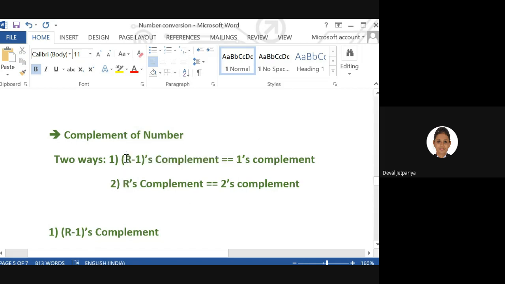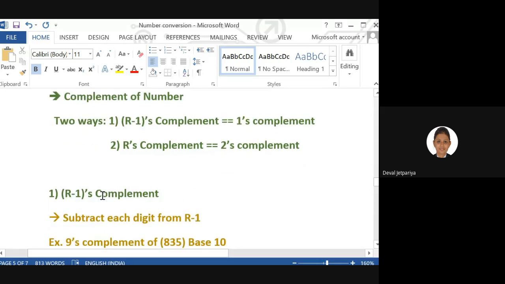Whenever you find r minus 1, it looks like the 1's complement. The r's complement is: first you find r minus 1 and then add plus 1, which will give you the r's complement. So a very minor difference and very easy.